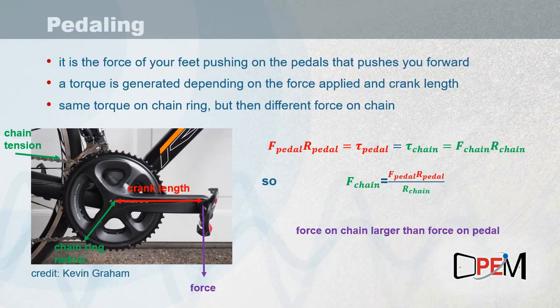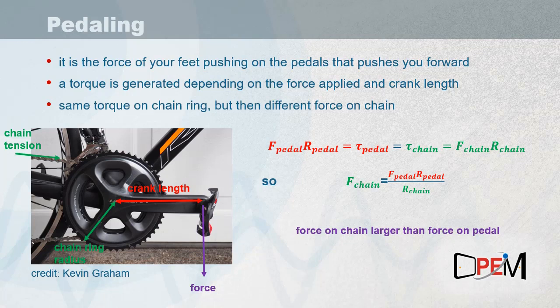But the crank arm and chain ring assembly is all one rigid assembly, so the torque that you're applying through the pedal and crank is equal to the torque on the chain ring, and hence the force on the chain times the radius of the chain ring will be equal to that torque, which I've called torque sub chain in the equation, and that has to be equal to torque sub pedal.